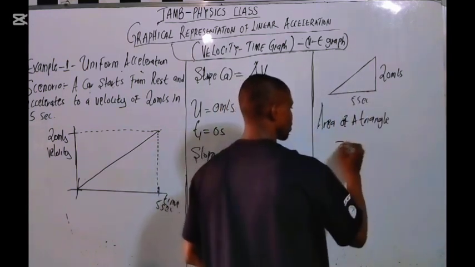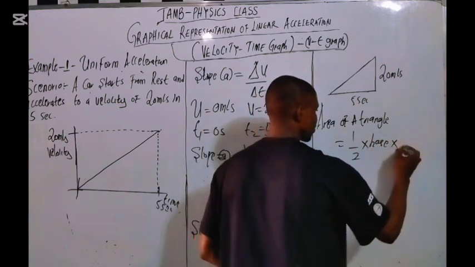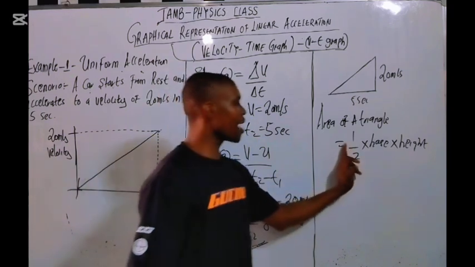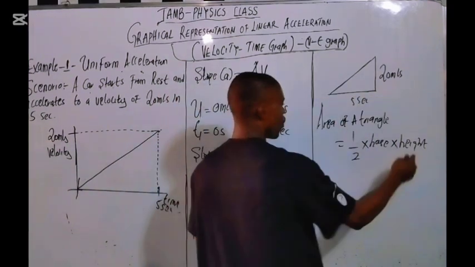Area of a triangle equals half times base times height. What is the base? The base is time. What is the height?